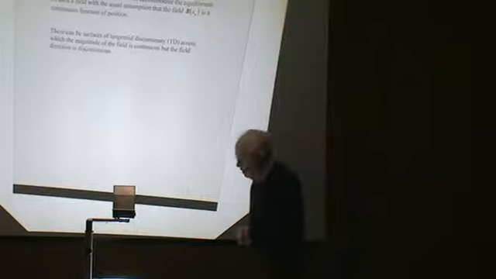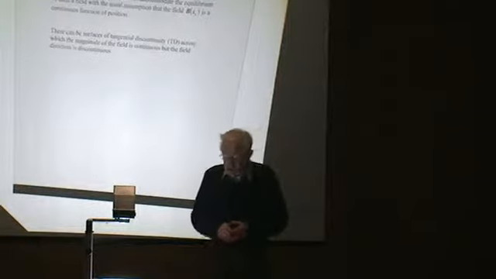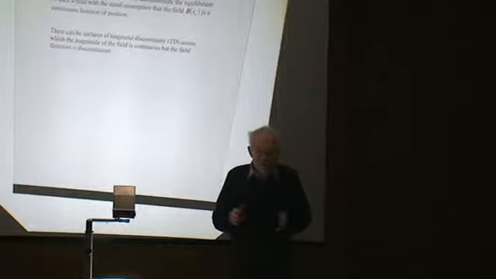And we have then tangential discontinuities, a current sheet, across which the magnitude of the field is uniform, continuous, and so you have pressure balance, and the direction is discontinuous.